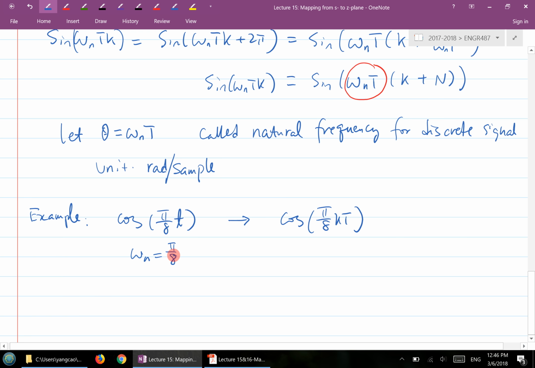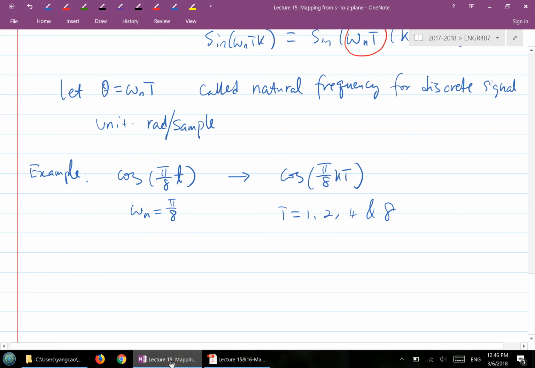In the continuous domain, your natural frequency is pi over 8. After sampling, you get this. I'm going to choose different sampling times, 1, 2, 4, and 8, to illustrate the effect.